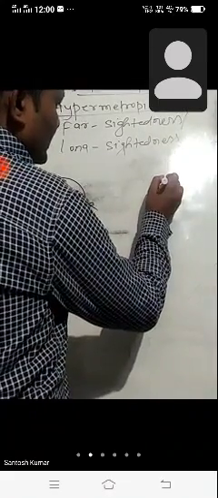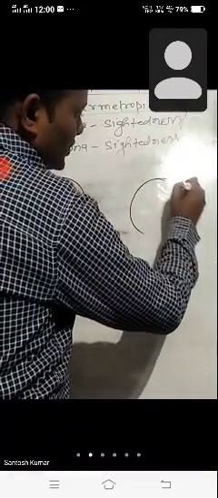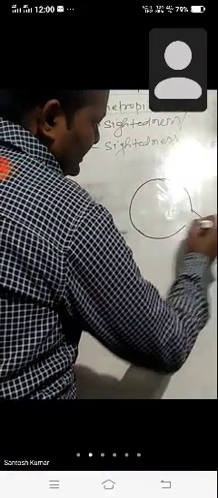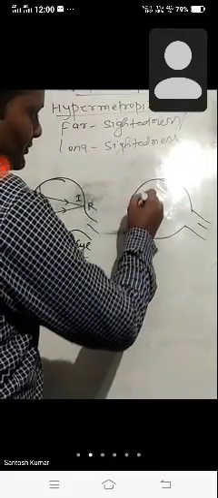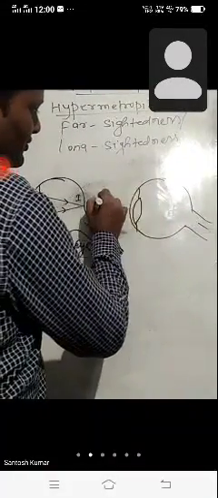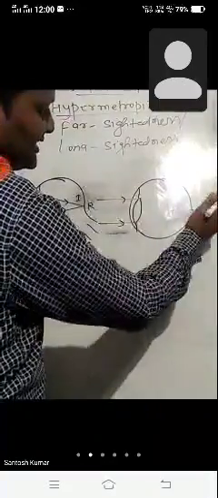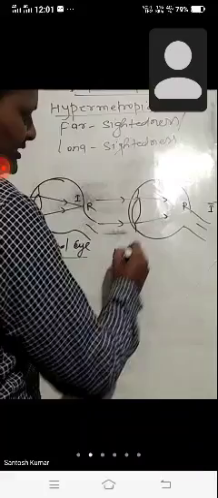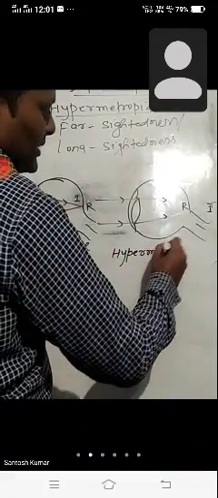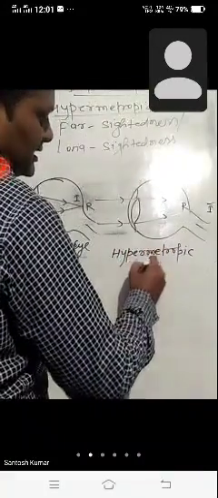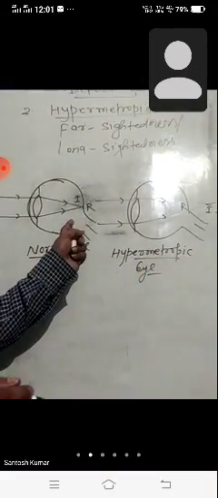Just see, the eyeball has shortened, meaning the size has decreased, and the retina has shifted here. So the image is formed behind the retina, and the retina is just here. This is the hypermetropic eye. After watching these two diagrams, you can say, yes sir, the image has not been formed on the retina.